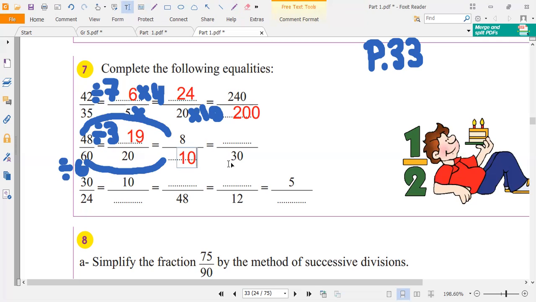Now 10 how becomes 30? We multiply it by 3. So we have to multiply the 8 by 3. Multiply 8 by 3, we get 24.